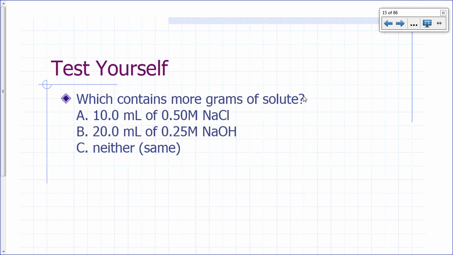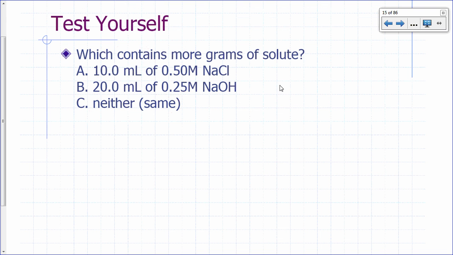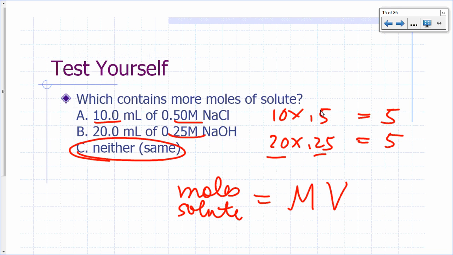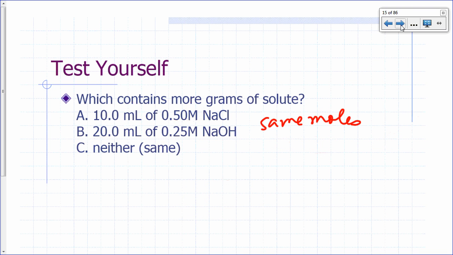Which contains more grams of solute? Well, this is similar to the earlier one. You have the same moles, which we've seen earlier. You have 5 millimoles in both cases. Which one has more grams?